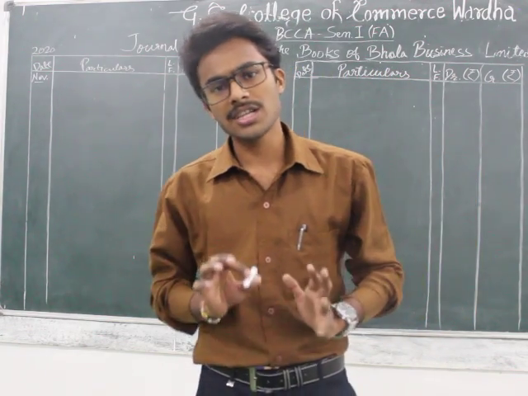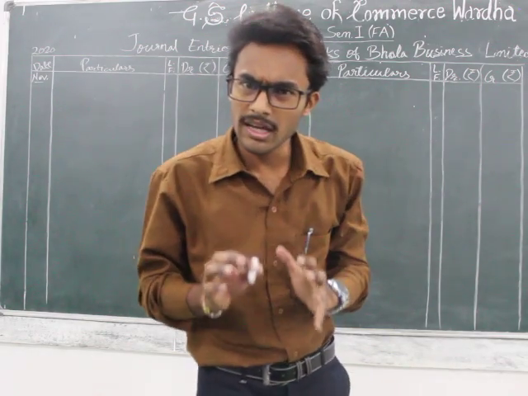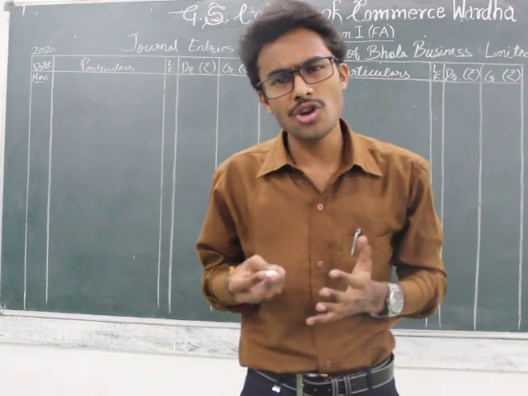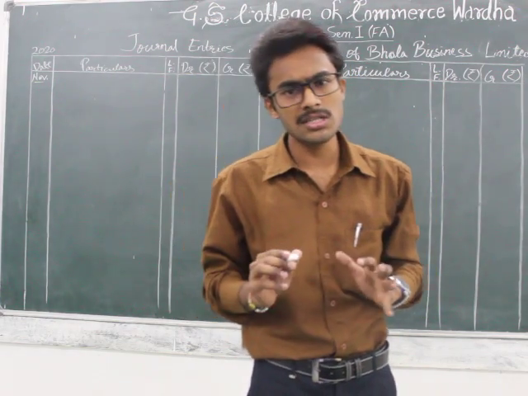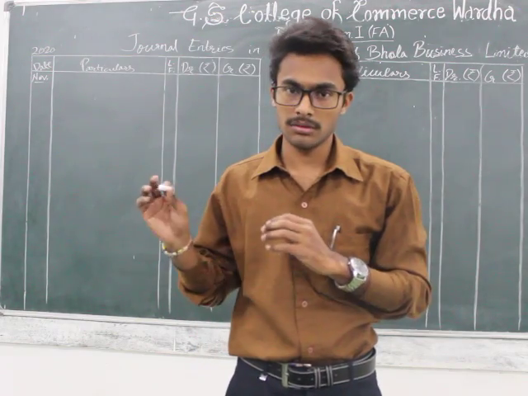This is not a transaction for Bhola Business Limited, so we will ignore this line, because it is not part of our business. This is part of Bhola's personal life.